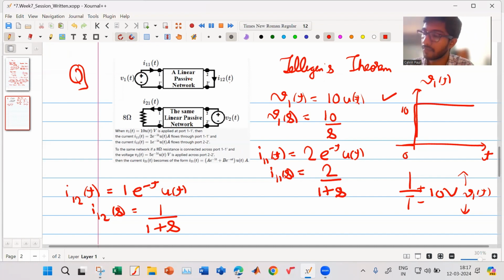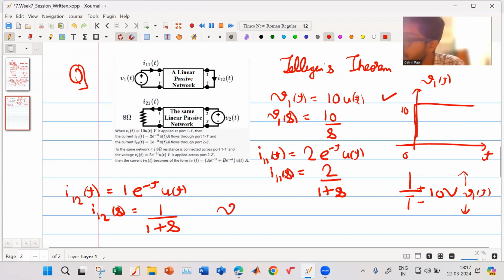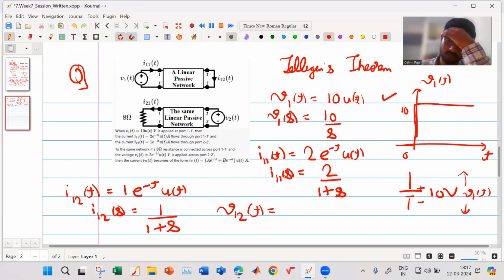Can you tell what is V12 of t? Let me see.